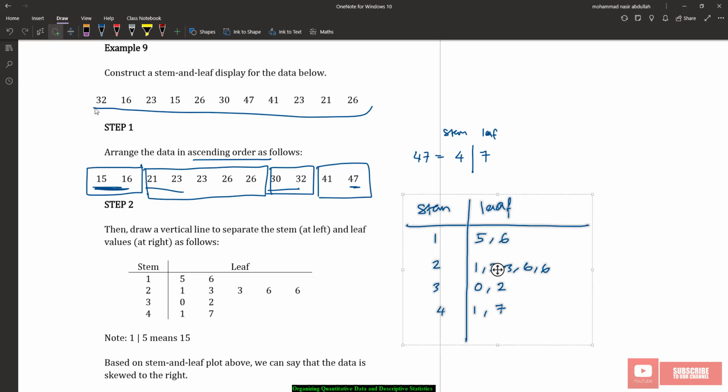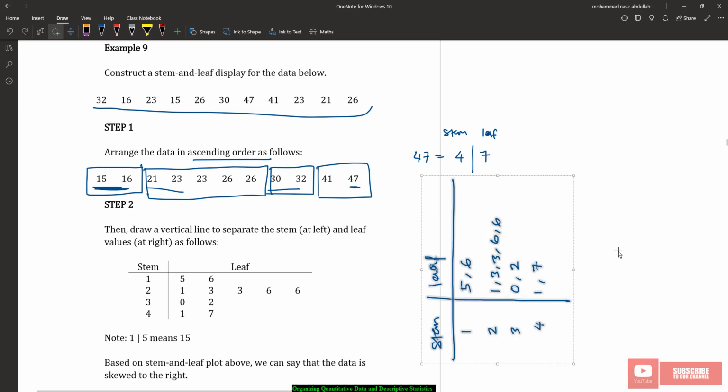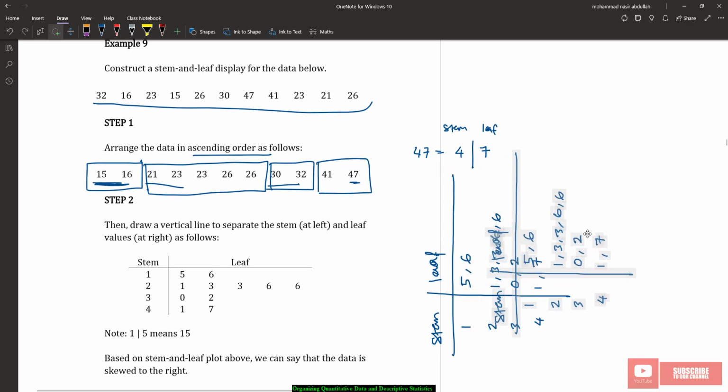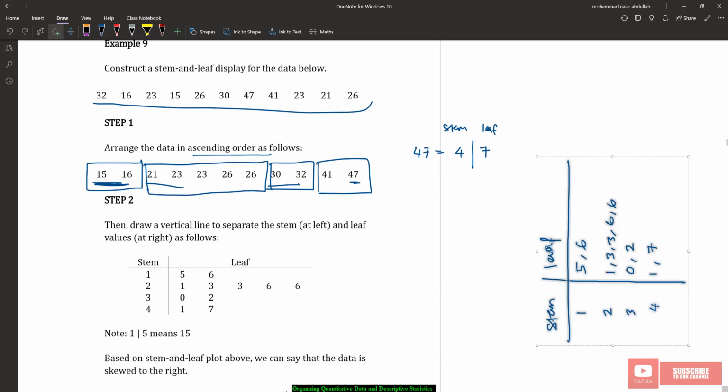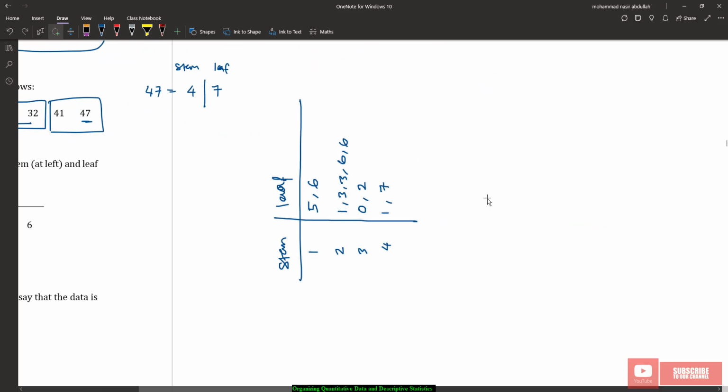So let's say we take this one, how to rotate this one. Rotate. Yep. This is how we read the stem and leaf plot. So I want to show here. Right.